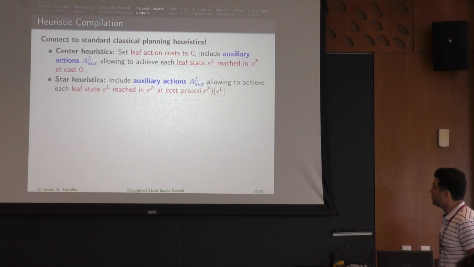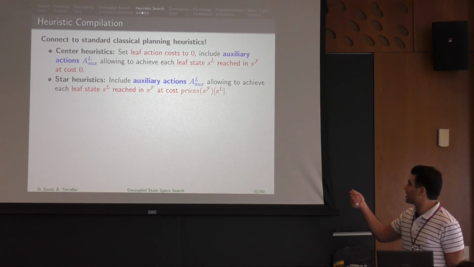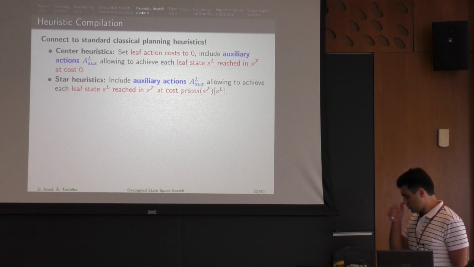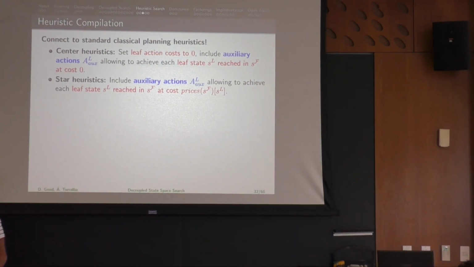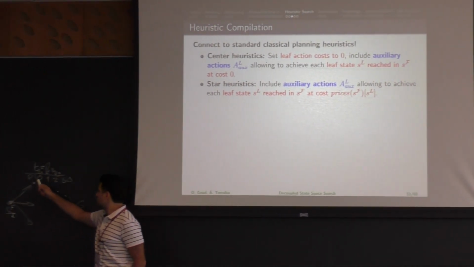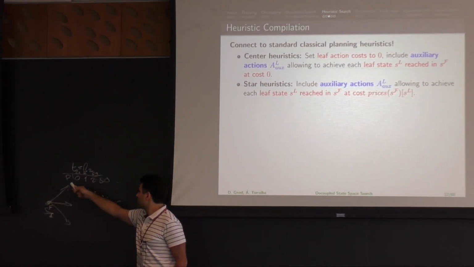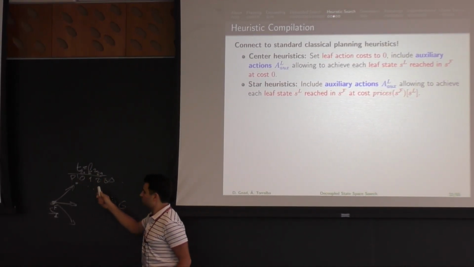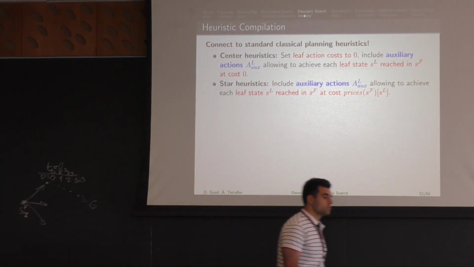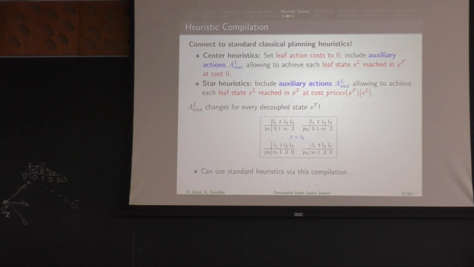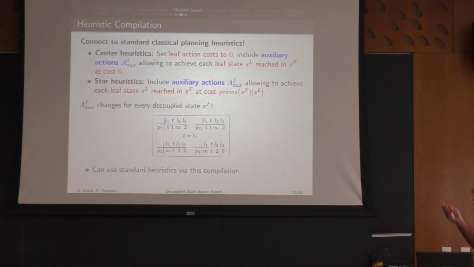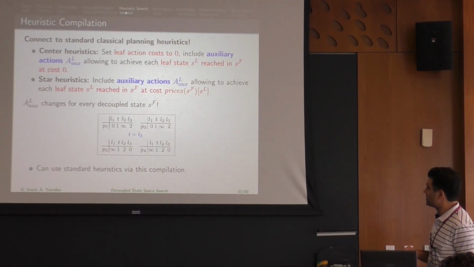And in the star heuristic, these auxiliary actions will have the price of the leaf state. So we have an action that adds the fact package 1 at location 1 with cost 0, another action that adds package 1 at location truck with cost 2, and so on and so forth.